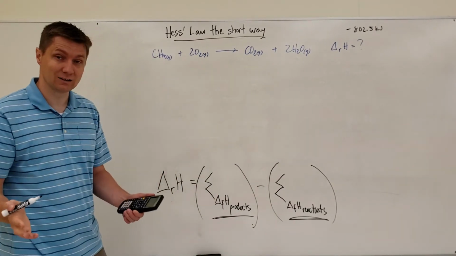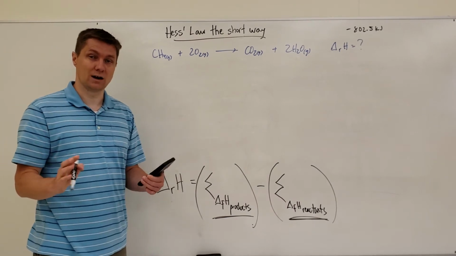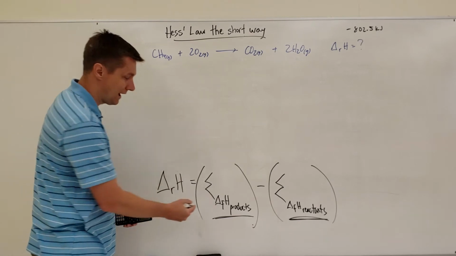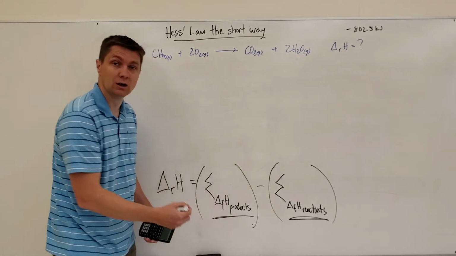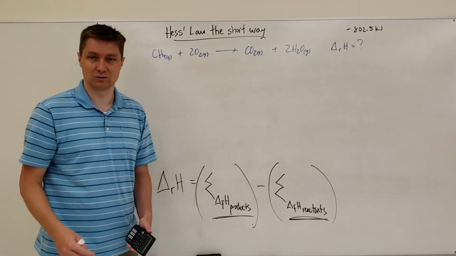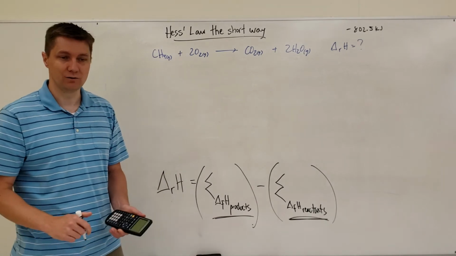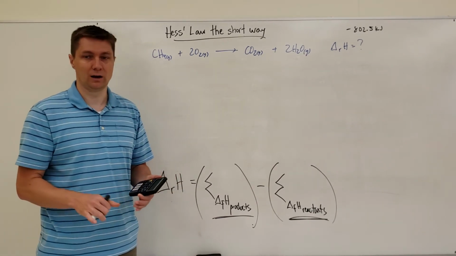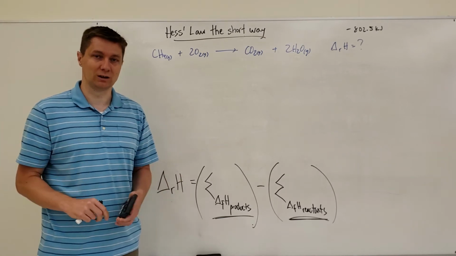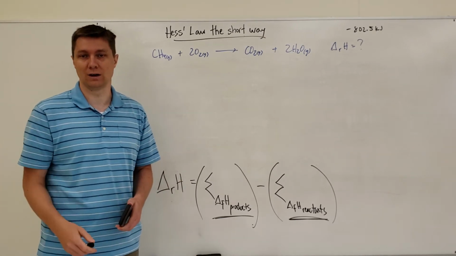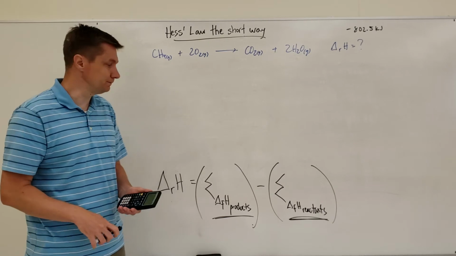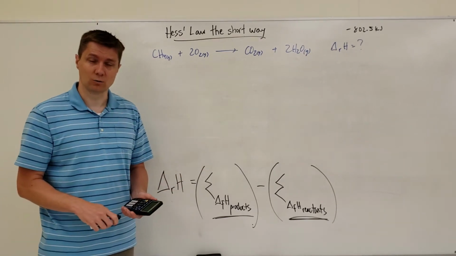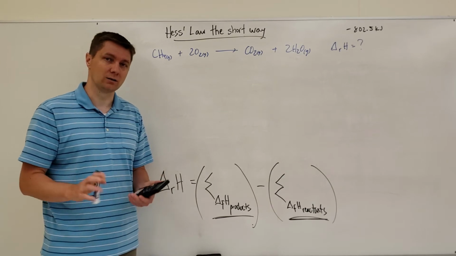And then the last thing to keep straight is that you can only do Hess's Law the short way if you have heats of formation for each of the substances within the chemical reaction. If you do not have heats of formation for those, you cannot do this method, and likely there are other reactions that have been given to you where they're trying to get you to do Hess's Law the long way. So this is what you need to watch out for as you're identifying when to use this.